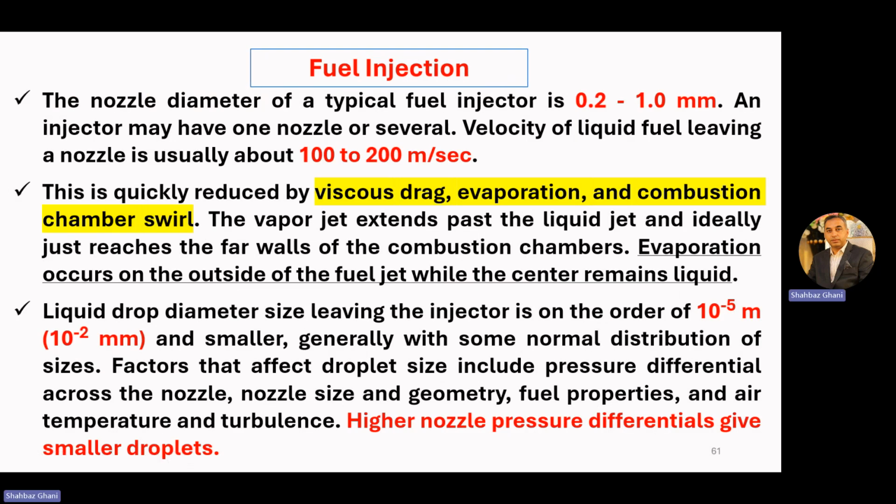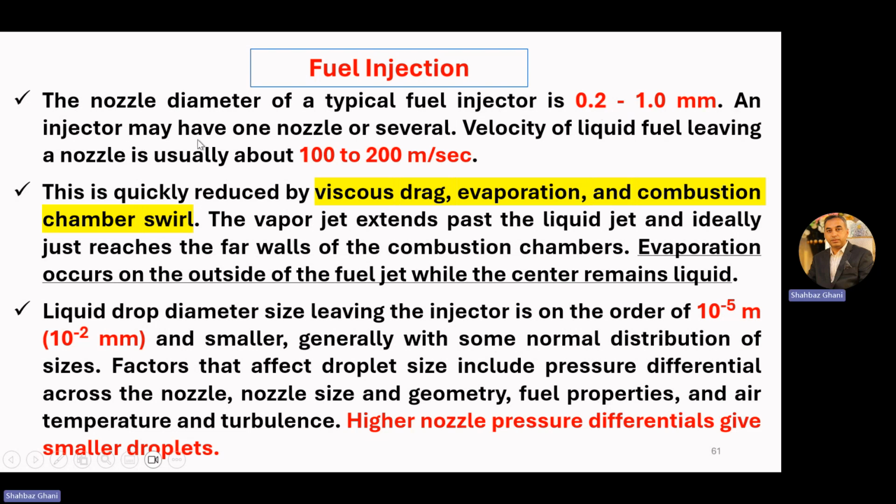Now, the fuel injection. Let's talk about nozzles, fuel injectors. The nozzle diameter of a typical fuel injector is 0.2 to 1 millimeter.